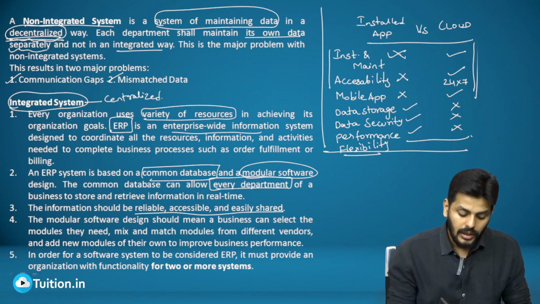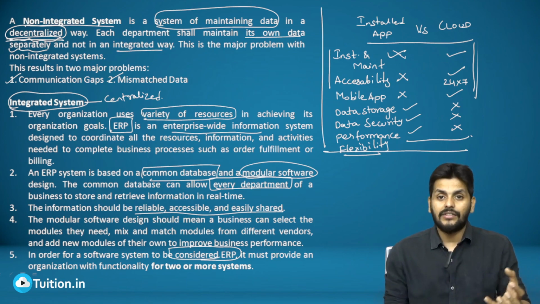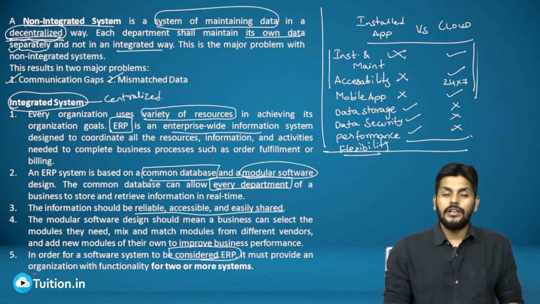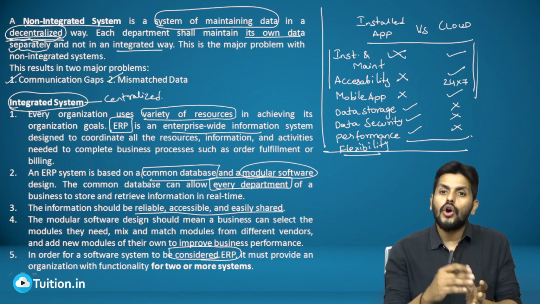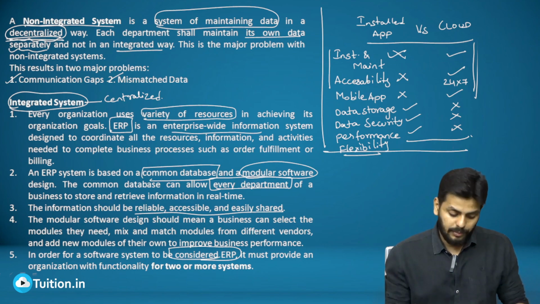In order for a software system to be considered ERP, when do you consider a software ERP? Sir, if finance and accounting, or finance and taxation, are together, can I consider it ERP? Finance and HR together, can I consider it ERP? I don't care what are together, but if two or more are together, then that is considered an ERP.